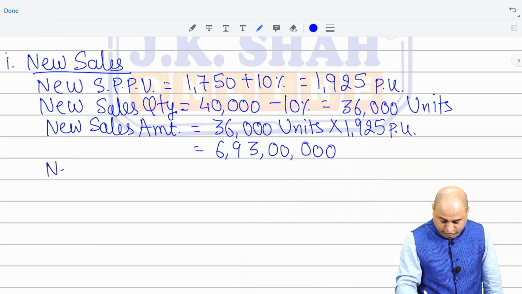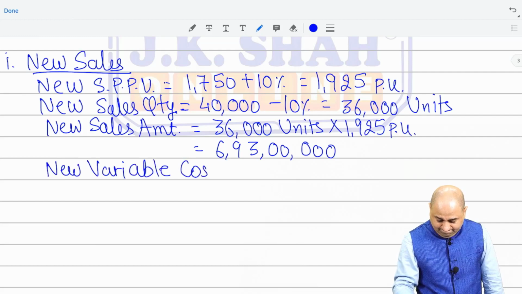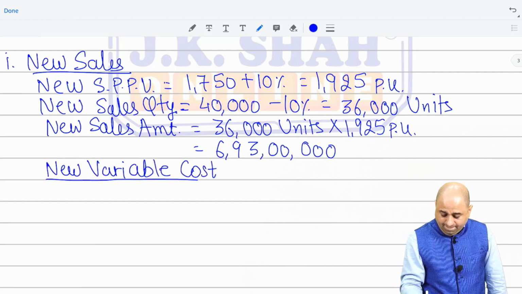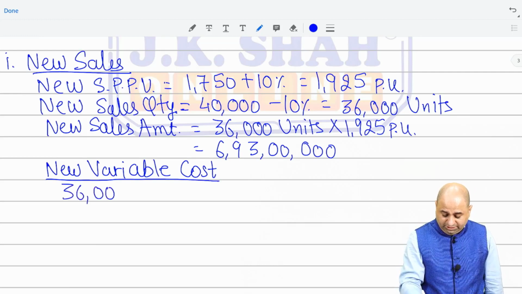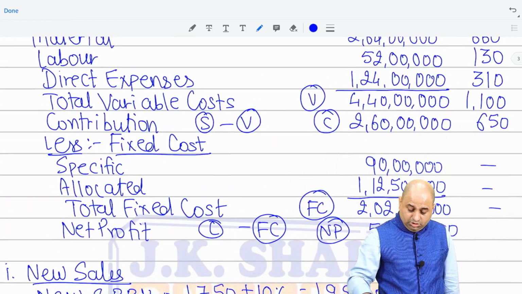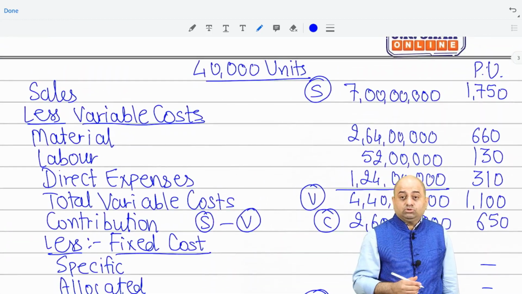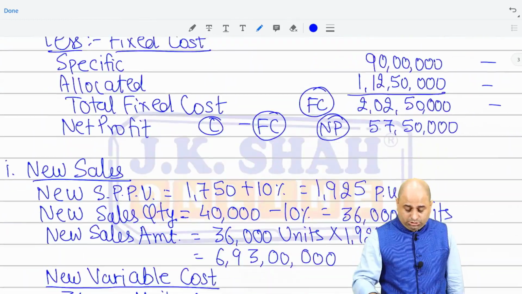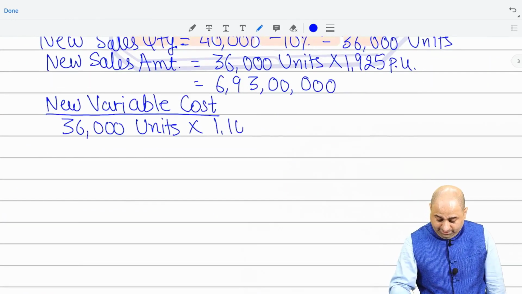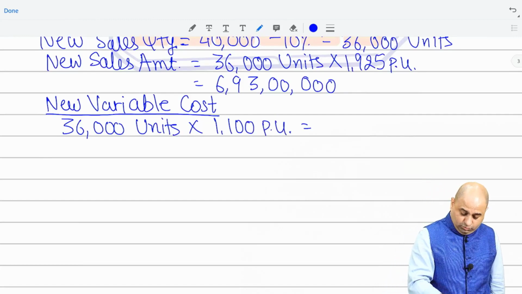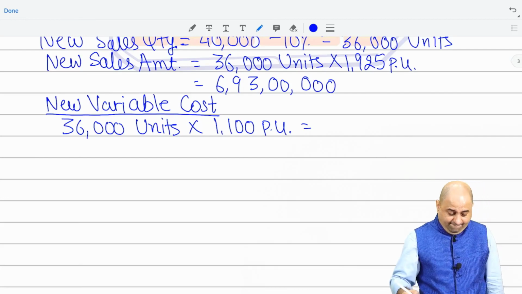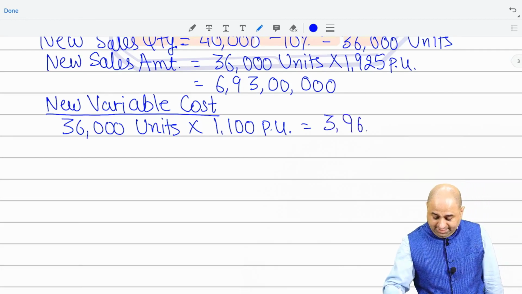So new variable cost is 36,000 units into 1100 per unit, which is equal to 3 crore 96 lakhs.